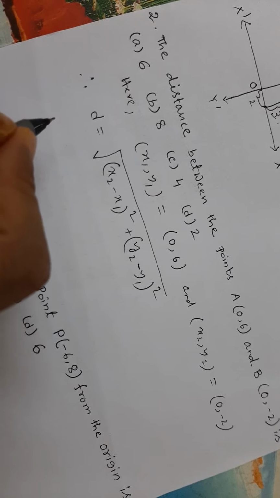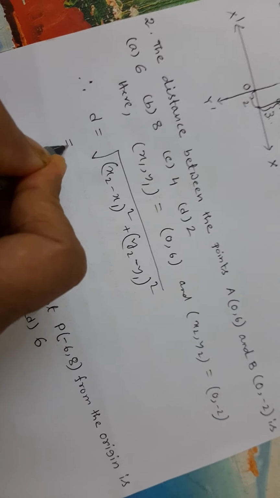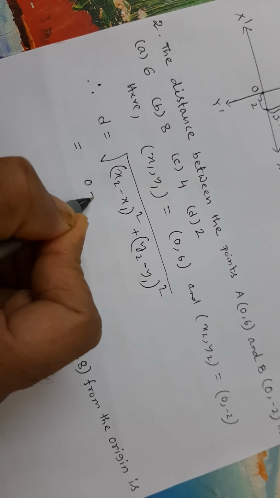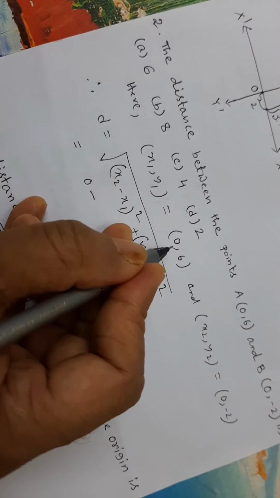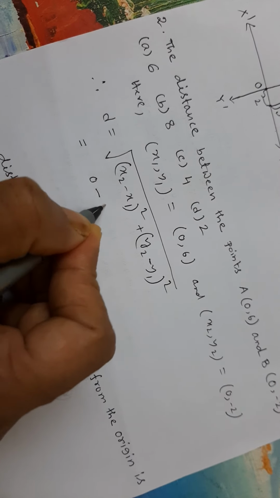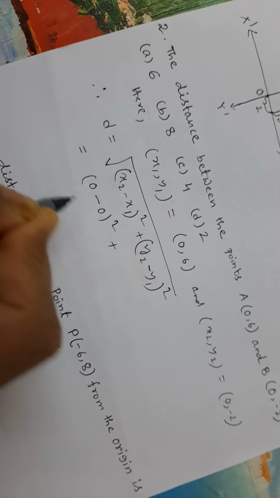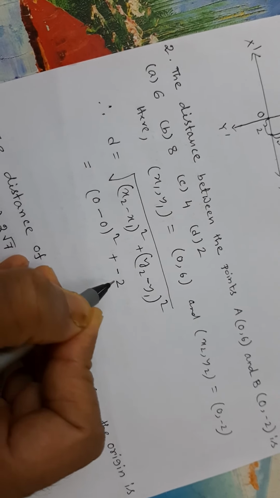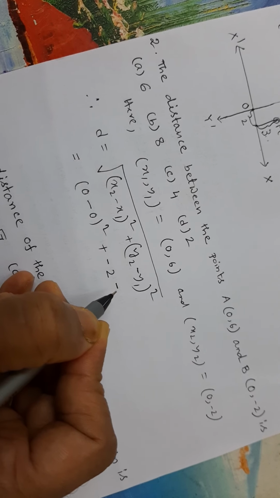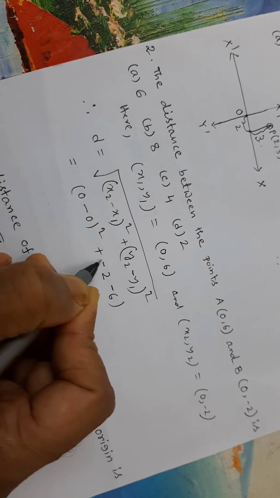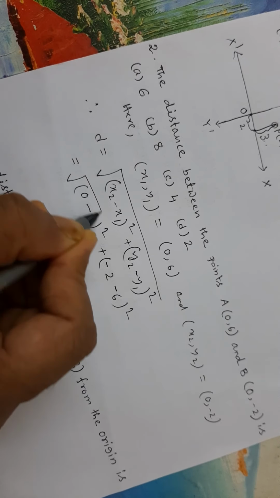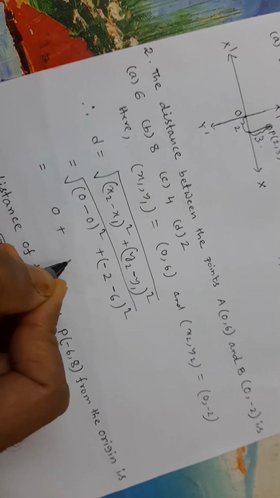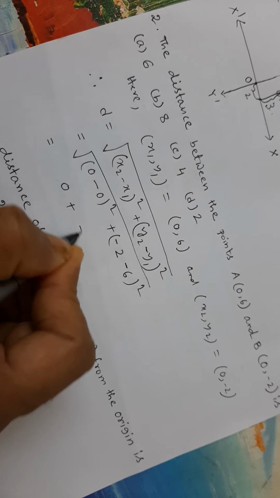Here x2 is 0, x1 also 0, plus y2 is -2 minus y1 is 6, under root, equals 0 plus (-2 minus 6), that is -8.